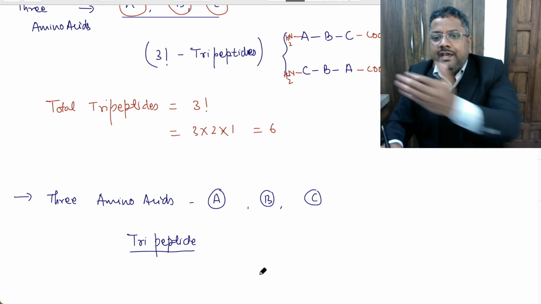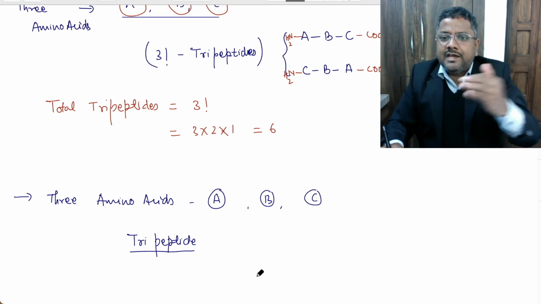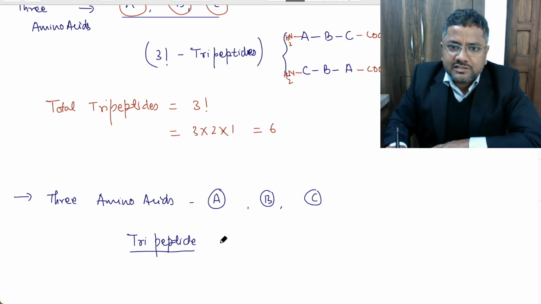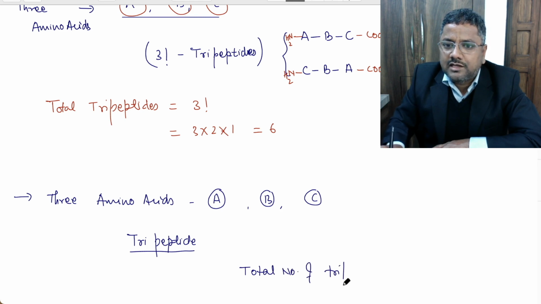So A may be present, B may be present, C may be present. So in this situation, the total number of tripeptides is equal to 3 to the power 3.